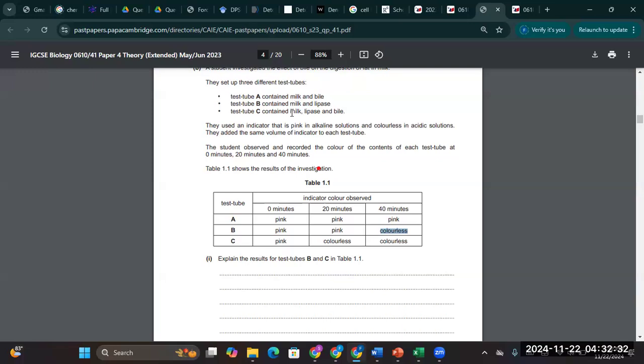On the other hand, when you add bile, you have the same milk, you have the same enzyme lipase. But when you add bile to it, in 20 minutes, the fat is broken down and the solution turns colorless. Why does that happen? What does bile do, Hajra, that causes the fat to be broken down quickly? What's the job of bile?